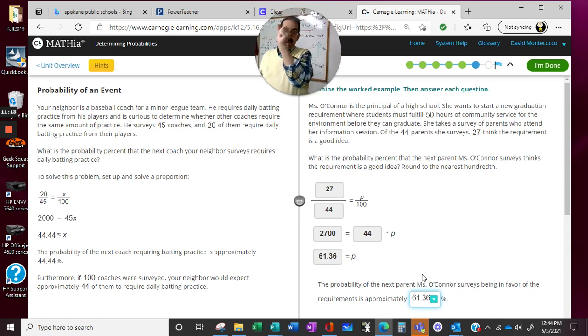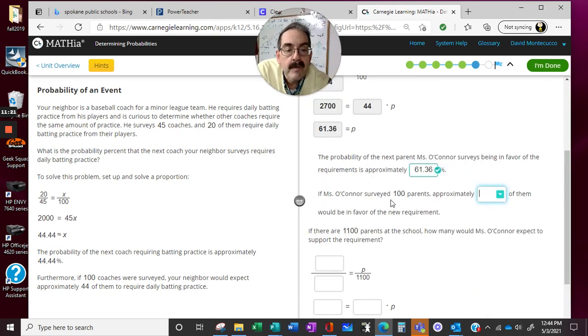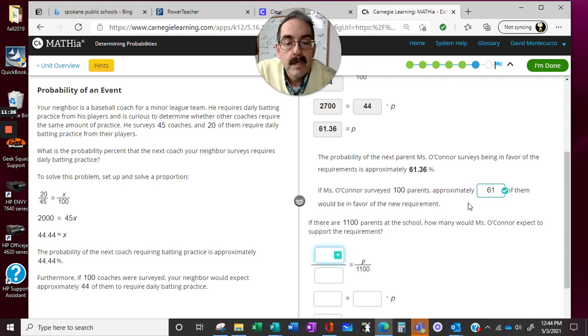Now remember, that means you multiply by 100, right? To get the percent, divide, multiply, right? Okay. All right, if there are 100 per survey, approximately 61 of them.